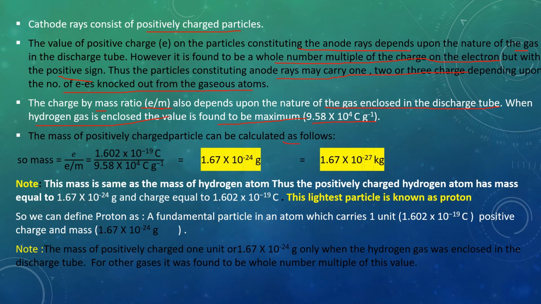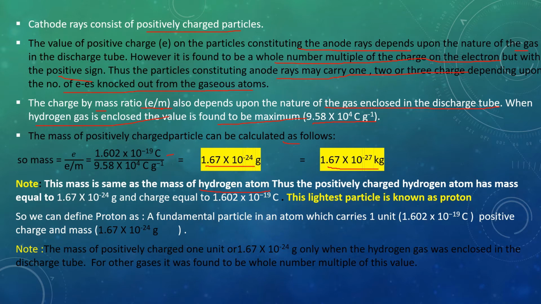The charge is 1.6 x 10^-19 coulomb, and the e/m ratio which we calculate is 9.58 x 10^4 coulomb per gram. So the mass is 1.67 x 10^-24 gram, or 1.67 x 10^-27 kg. Now this mass is the same as the mass of a hydrogen atom.